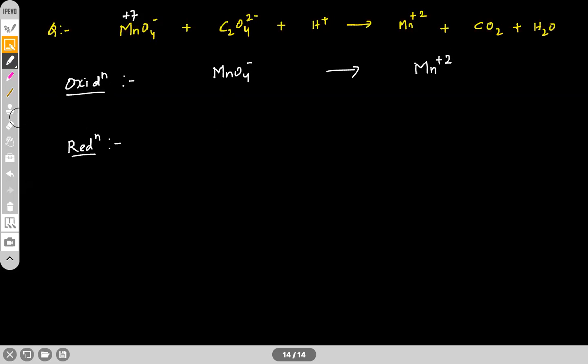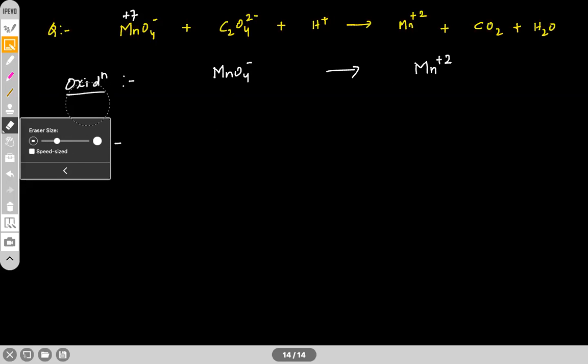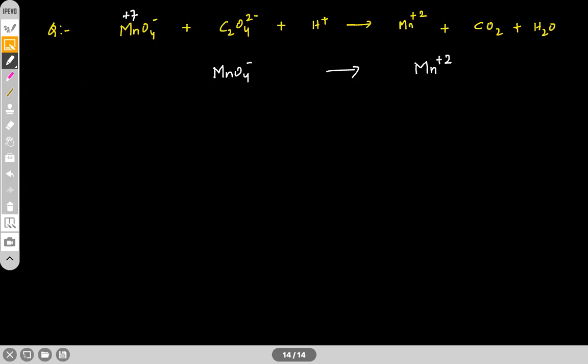Sorry, this one is reduction. Oxidation state decreases means reduction is taking place. Electron gets consumed. C2O4 2 minus into CO2. Okay.